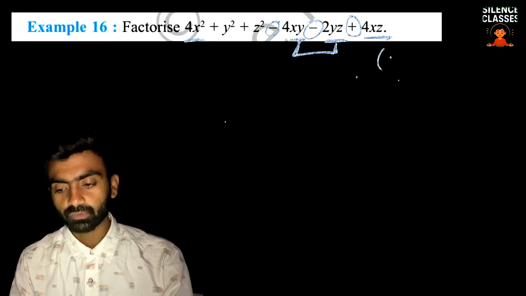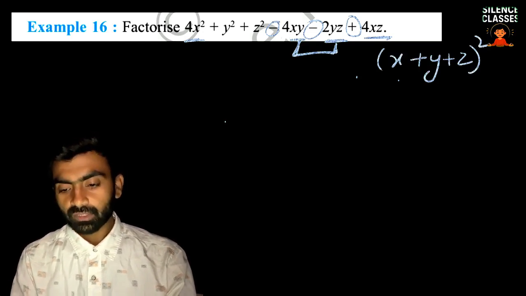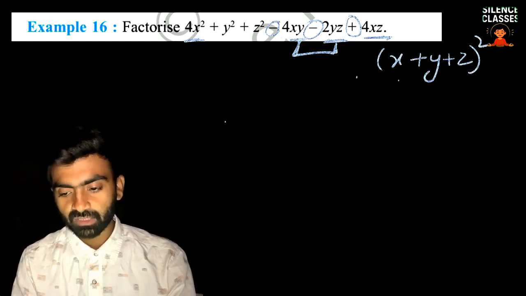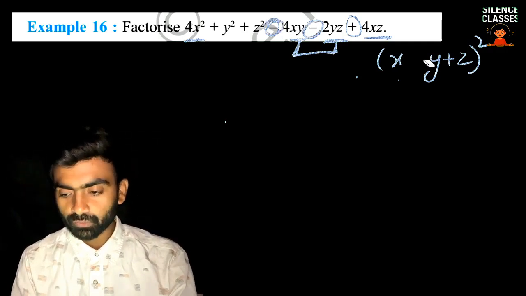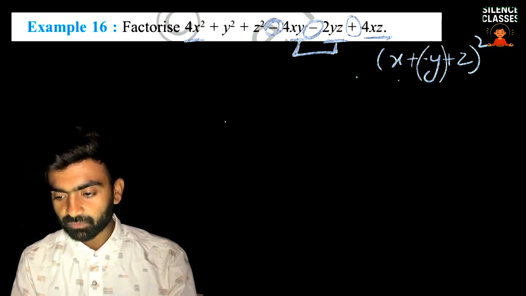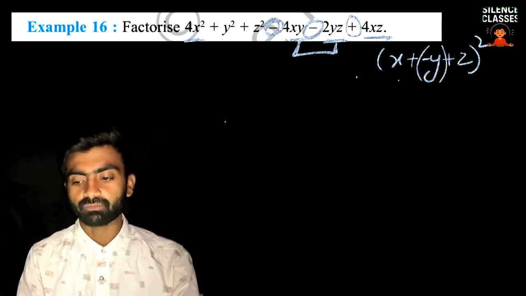So we will use the identity x plus y plus z whole square. But you know that wherever y is there, there is a sign of subtraction, so we will use plus, and in the bracket we will use minus y. Once we open the bracket it will become addition.